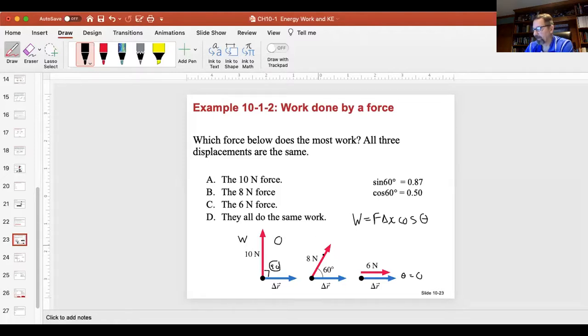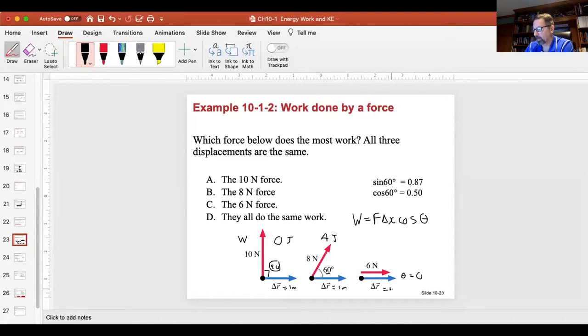Start a little chart up. Over here, I got an 8 Newton force acting at a 60-degree angle. And by the way, that's a joule, which is a Newton times a meter. Let's see, 8 newtons times the cosine of 60 would be 8 times 0.5. That's 4 joules. If I don't know a distance and I want to get numbers, I just make them all the same, since it says it's the same.